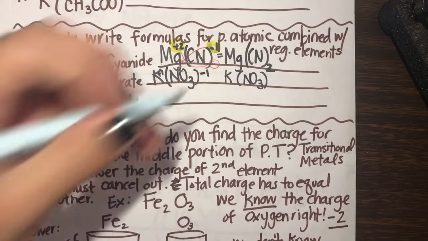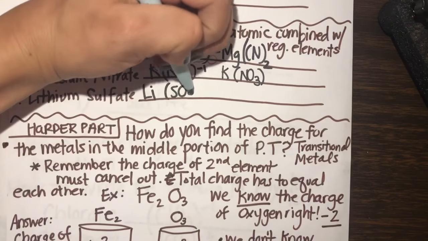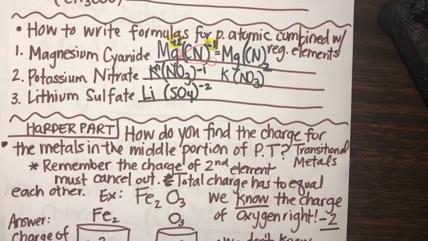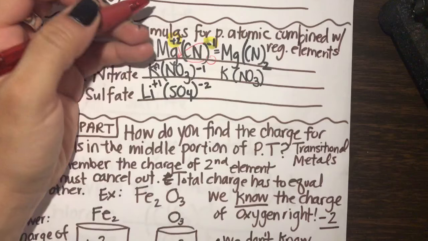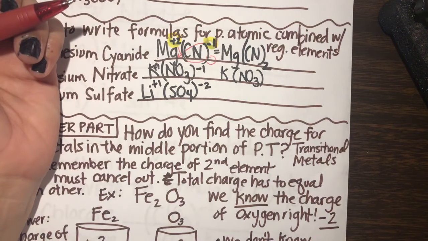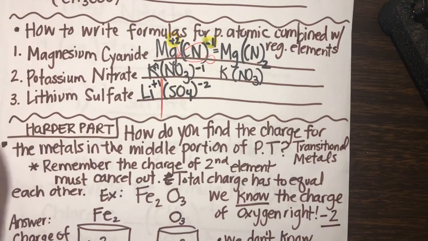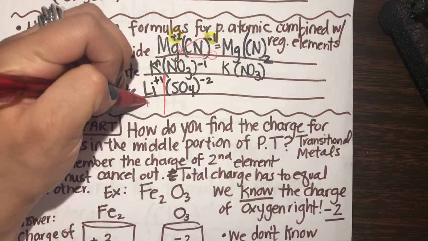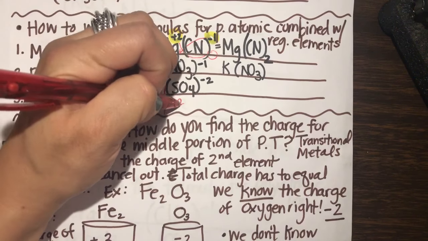Okay, lithium sulfate. Lithium's Li. Sulfate is SO4 -2. What's the charge of lithium? Just +1. Okay, so what I'm saying when they have to cancel each other out, if I were to separate these, lithium and sulfate, this side only equals +1, but this side equals -2.